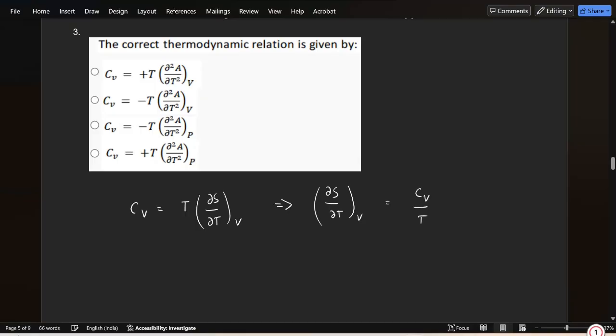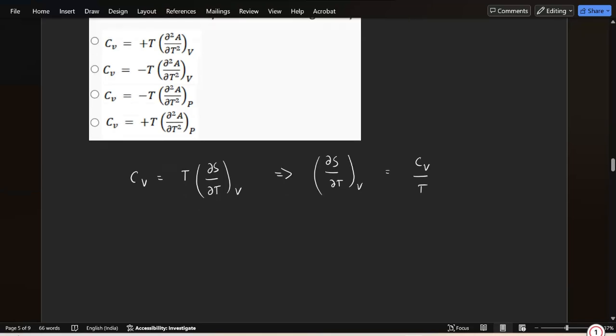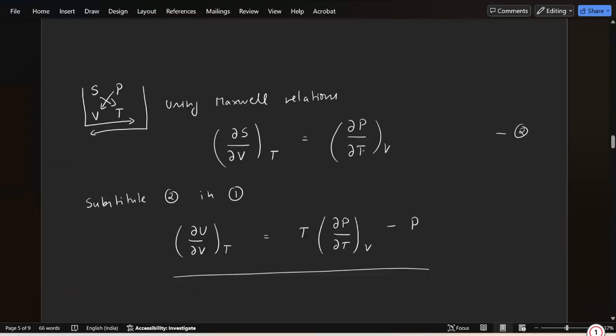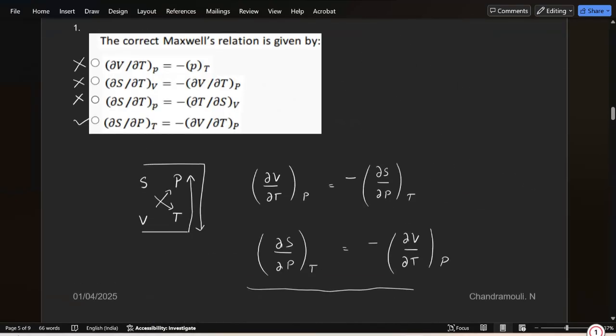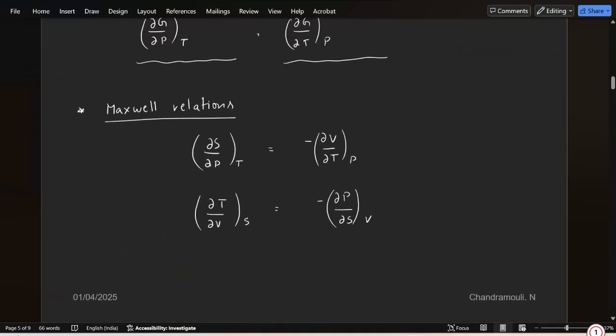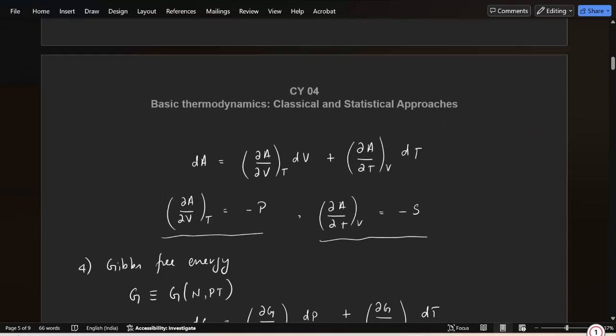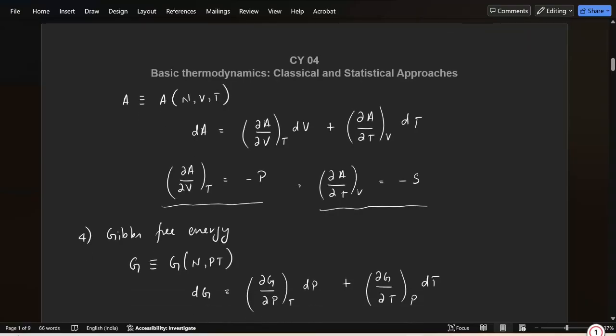On the right hand side, everything is in terms of Helmholtz free energy. So we need something that connects Helmholtz free energy with entropy. How do we do that? We'll go back and check our formula, Helmholtz free energy: del A by del T at constant volume is minus S. So we'll use this formula.